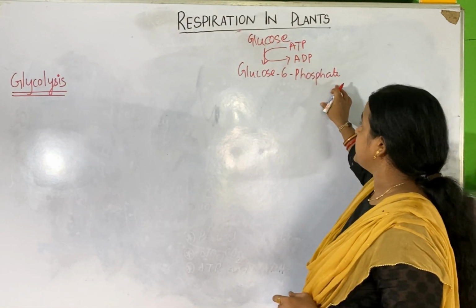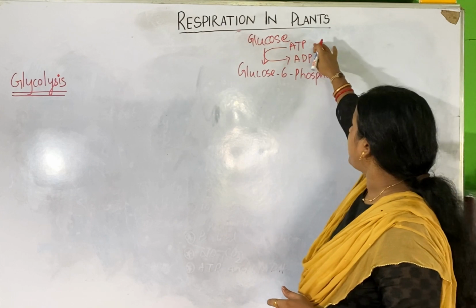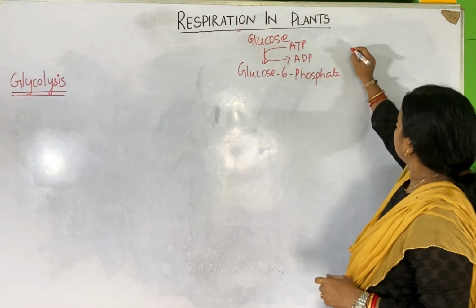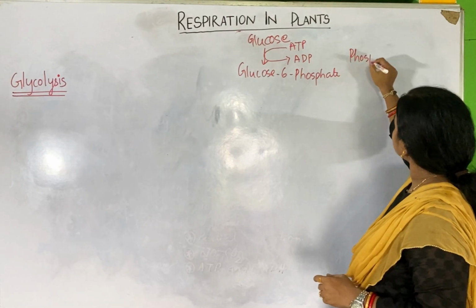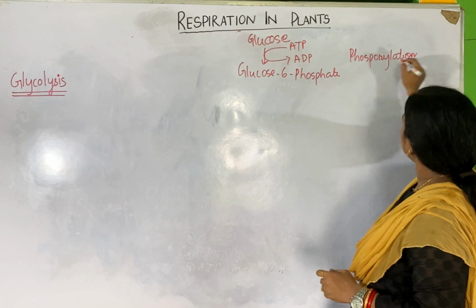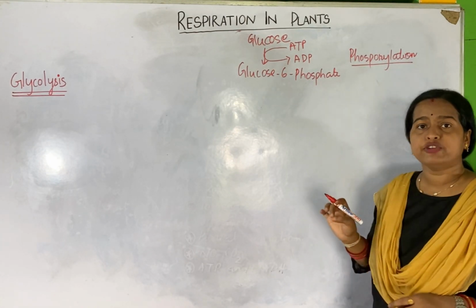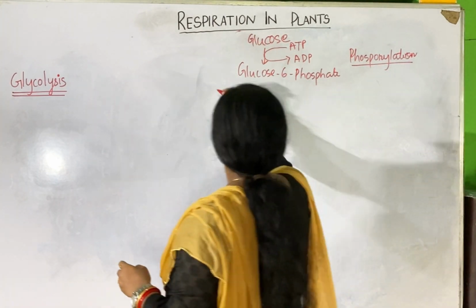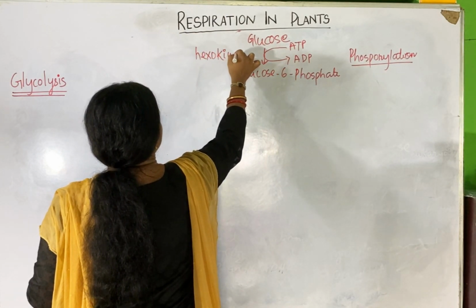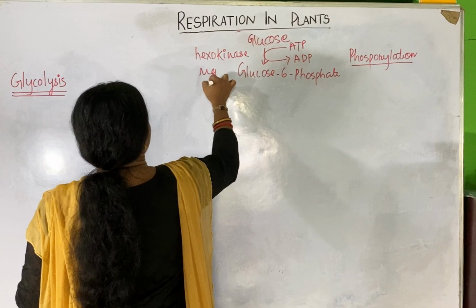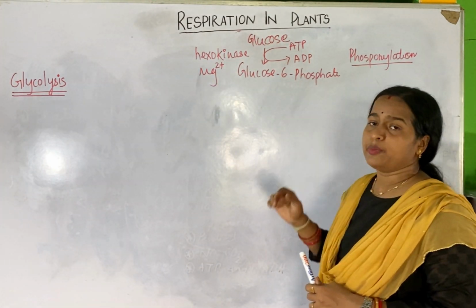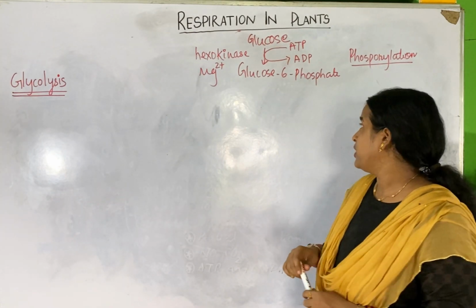So the energy and the phosphate group are added by the ATP molecule, and this step is called phosphorylation. The enzyme required for this conversion is called hexokinase, and magnesium ion is required. So now the glucose molecule is converted into glucose 6-phosphate.